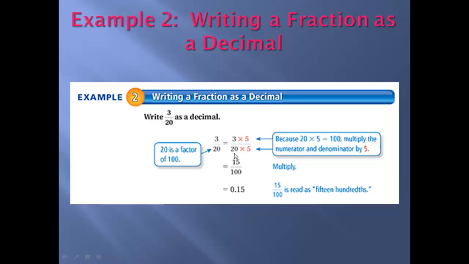Our goal is to get 10, 100, or 1000 on the bottom. 20 times 5 is 100, so we would multiply the numerator by 5 as well. 3 times 5 is 15. If you have 15 hundredths, you can write that as a decimal. That would be 0.15. 0.15 can also be read as 15 hundredths.